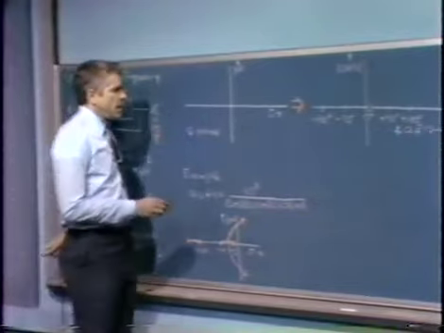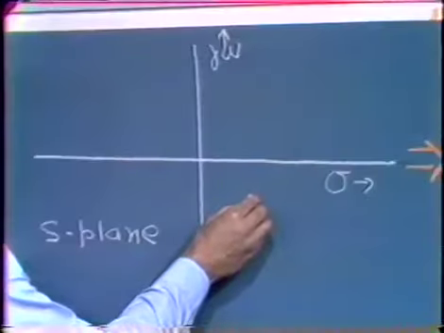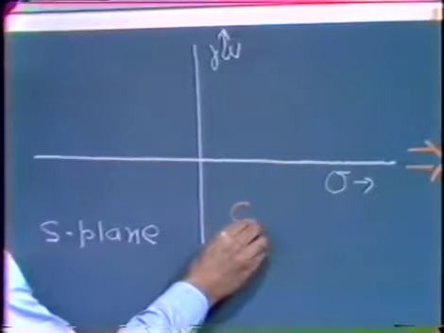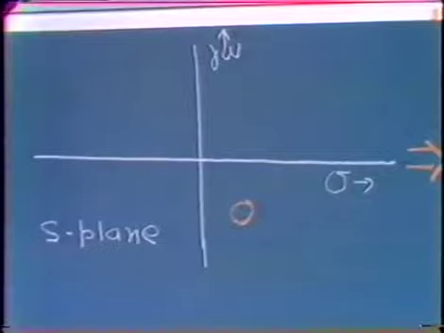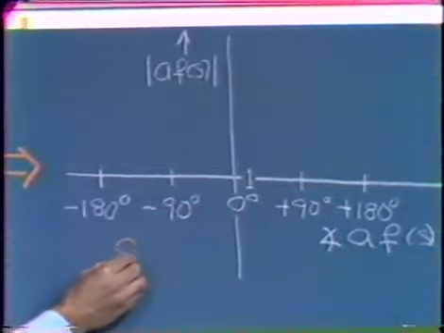In particular, if we evaluate the AF product as S takes on values lying on a small circle in the S-plane, we find that we get a small circle in the AF plane.